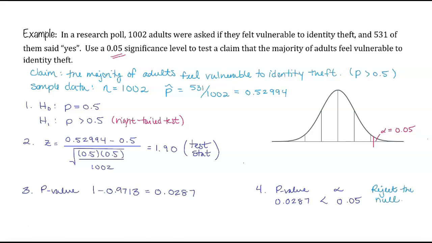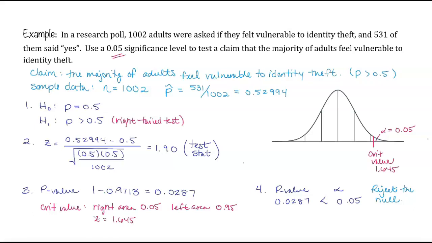Now let's back up to step 3 and go the critical value route. Instead of calculating the p-value, we would find the critical value that's associated with alpha. Our critical value has a right area of 0.05, which means that it has a left area of 0.95. Looking at your z-table, you'll find that the critical value is equal to 1.645.